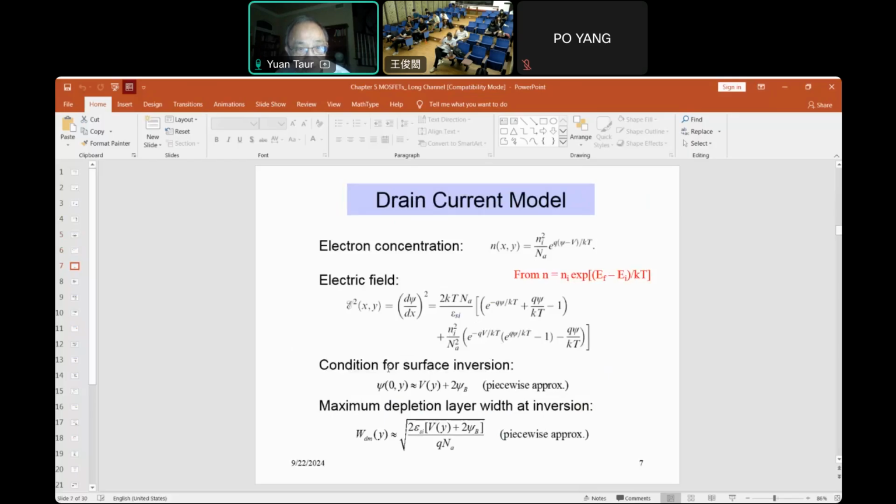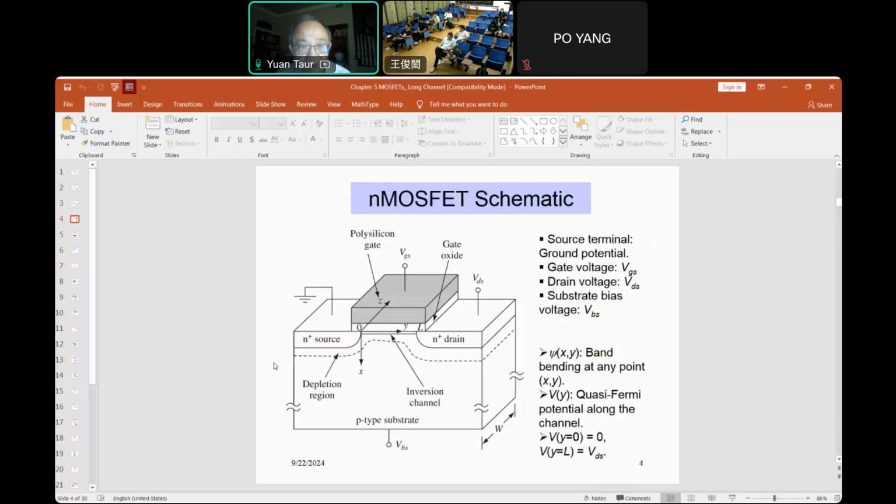And as we mentioned, the condition for surface inversion is 2 psi B plus the reverse bias of the p-n junction. Now let's go back to the MOSFET picture. The p-n junction between substrate and source is 0 biased, assuming the substrate is 0, but on the drain side it's reverse biased.